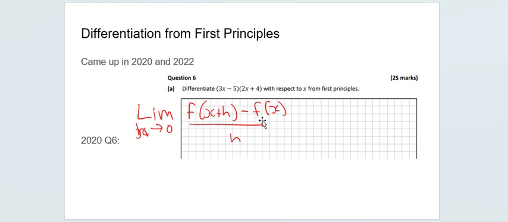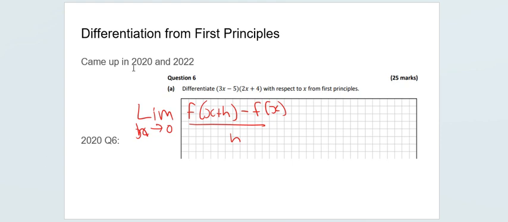So that's just applying that. So you'll find f of x plus h first, and then you'll take away what f of x is, and then you put it over h. Then hopefully you should get a lot of things that cancel out. And then you'll do the limit as h tends to 0 at the end, and that'll differentiate it. So that's just something you need to learn off how to do and practice.